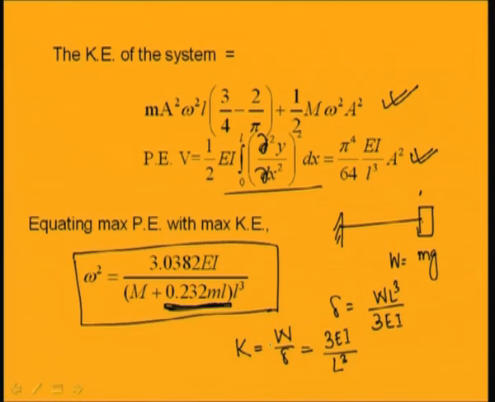From this stiffness and the tip mass m, the natural frequency omega square will be equal to k by m.